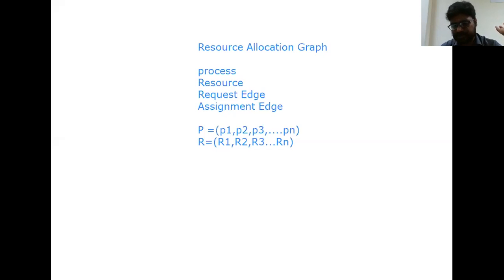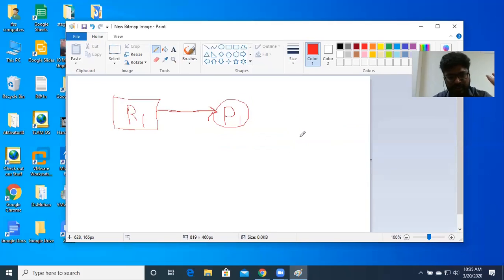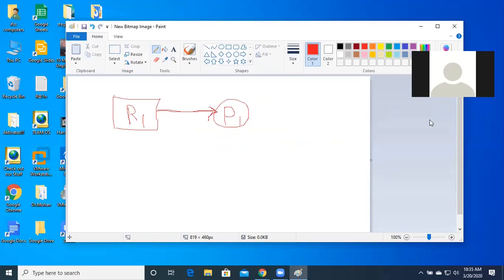Got the point? Sir, we can't see any. You're not seeing? No, we can only see what you typed. Okay, wait, I will do it. Now can you see Paint? Yes, sir, we are able to see. Okay.